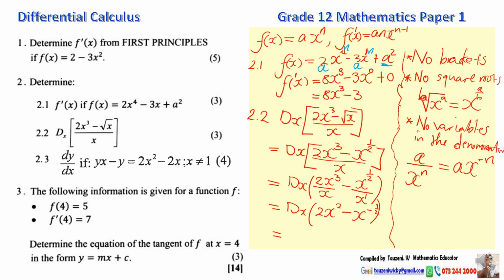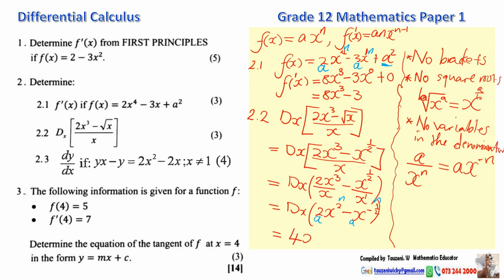Now, after simplifying the expression, we can be clear about which one is a, which one is n, and therefore we are now in a position to write down the answer for this question. So now the answer, we're going to multiply a times n, that's 2 times 2. It gives us 4x.